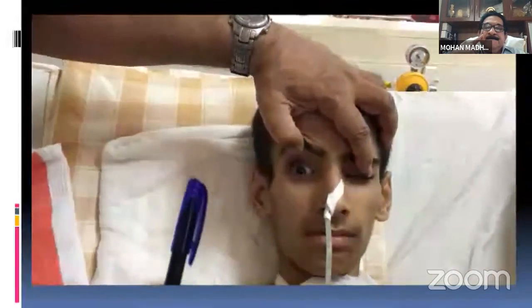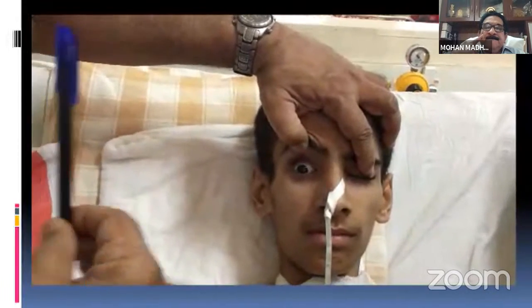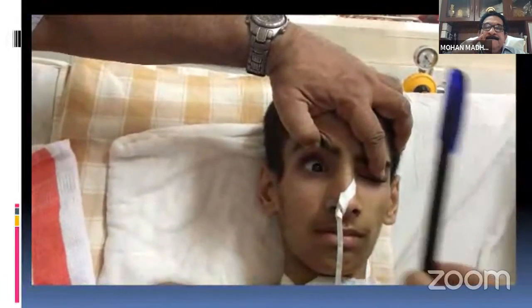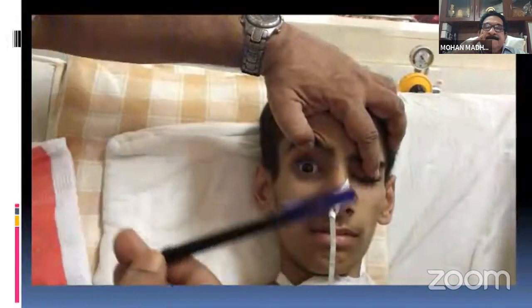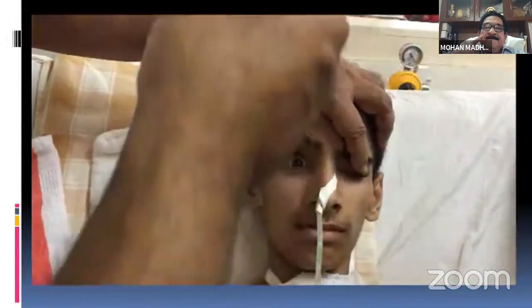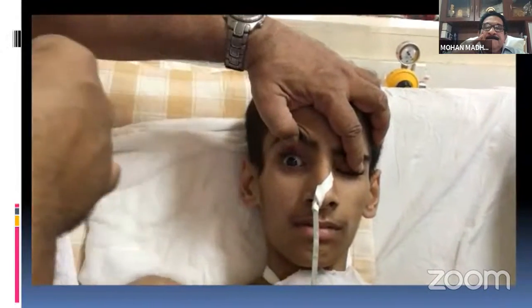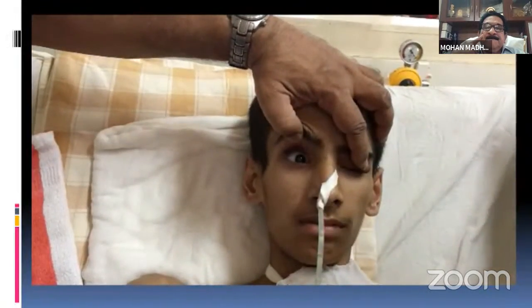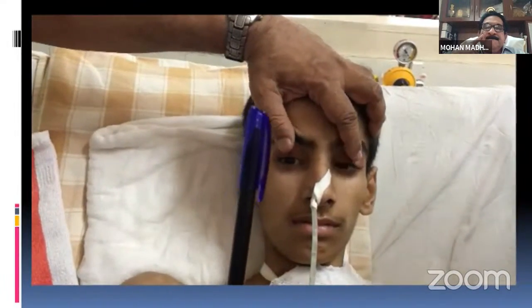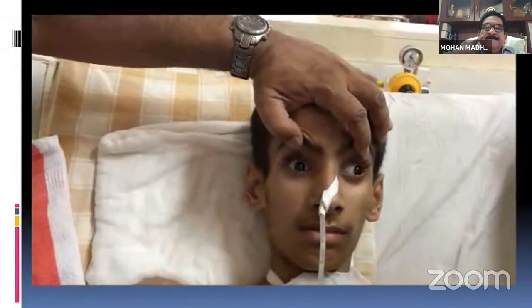Now this one, the other eye. Down, up, down, up. Now there's a direction movement. I'm doing the version movement now in all directions.